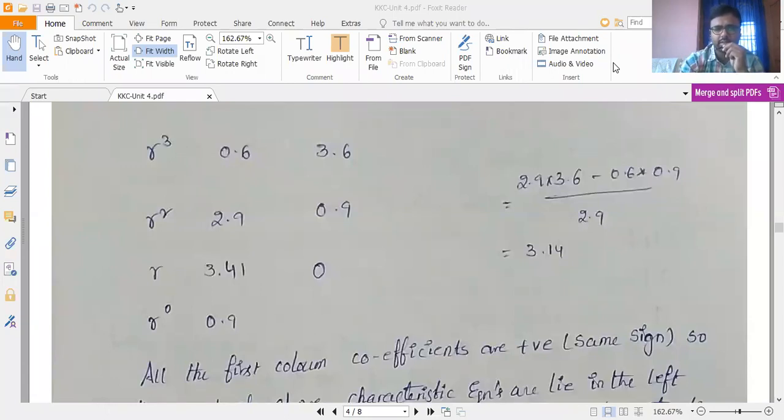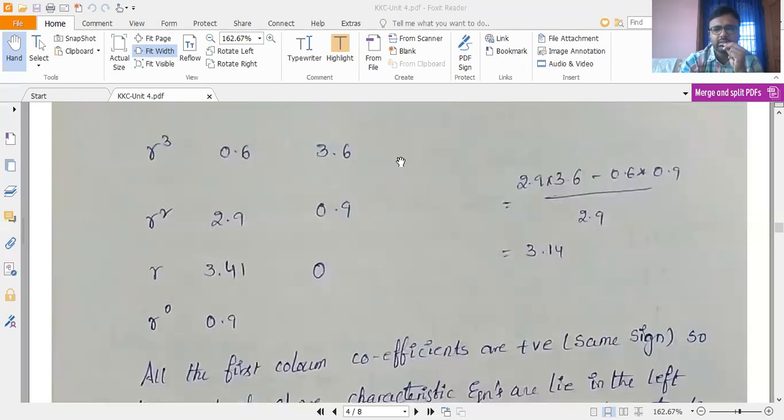So, we are in the middle of Unit 4. In the previous class, we have seen the stability tests. We have two different stability methods to find the stability: the Jury stability test and the bilinear transformation method.